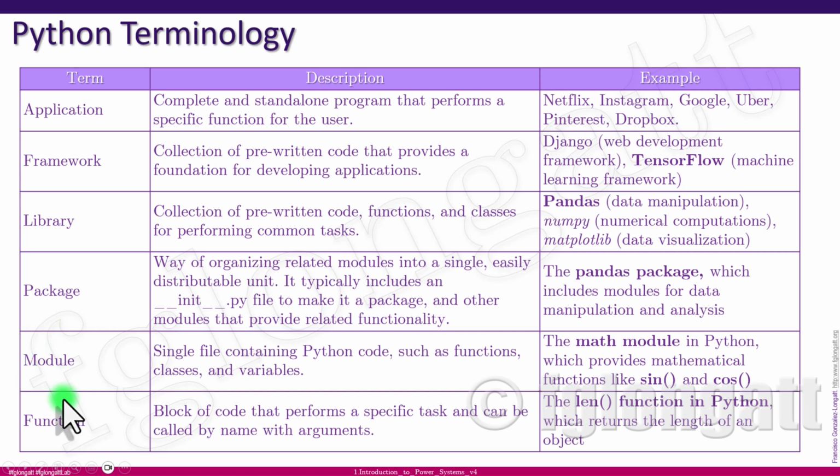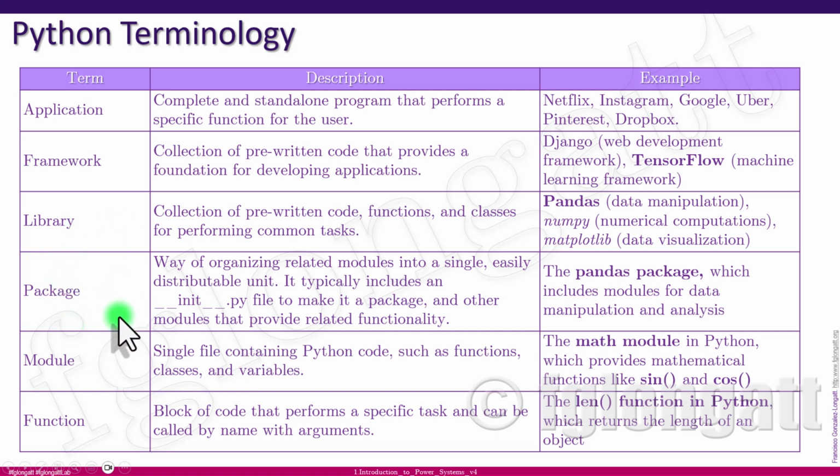Then we have another term that is the module. A module is basically a single Python file that has Python code inside, and you can have a combination of functions, classes, and variables. So for instance, by default, Python has something that is called the math module, that inside you can have functions like the sine, the cosine. So this is the concept of the module. Then we have the package.